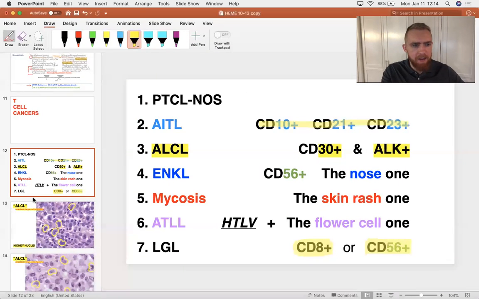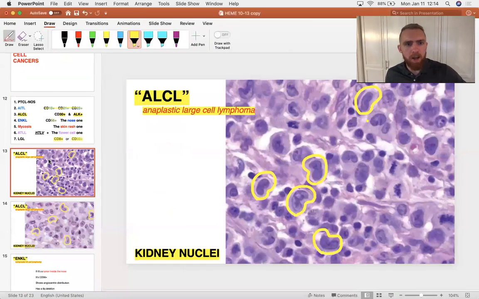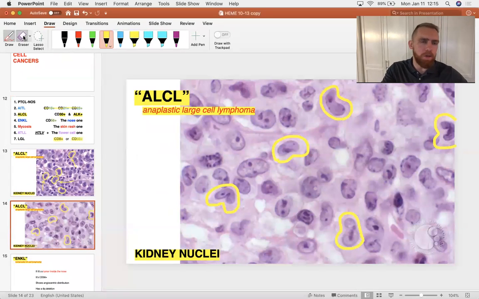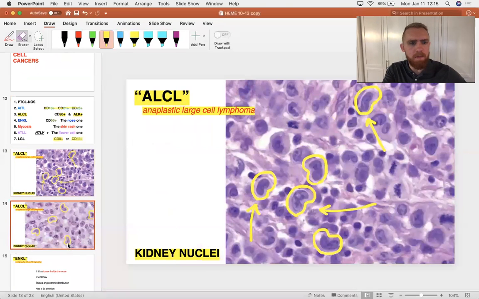So let's look at the histology and put a nail in anaplastic large cell lymphoma. You see kidney-shaped nuclei. Straight up, that looks like a kidney right there. It's a bean-shaped nucleus. You kind of got to look close to see them if you were to get rid of the annotations on this slide.